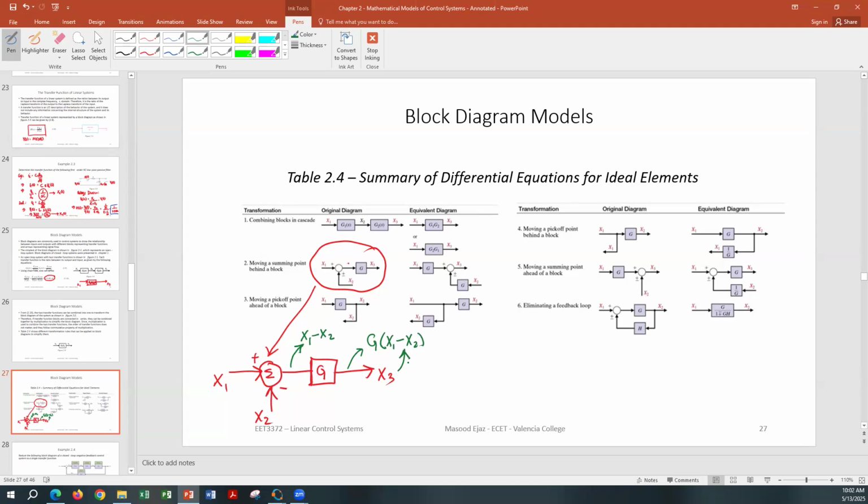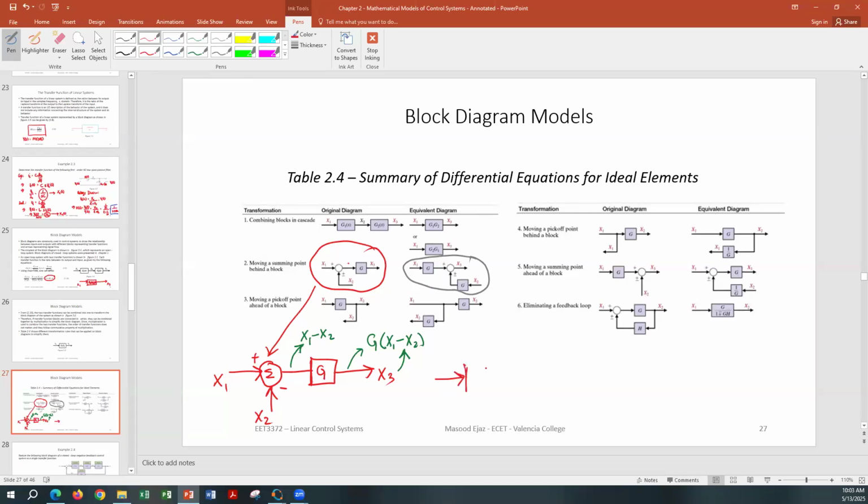If you look at the equivalent diagram, we are expecting the same x3. So if you look at this right here and apply the same logic, let me redraw this real quick.